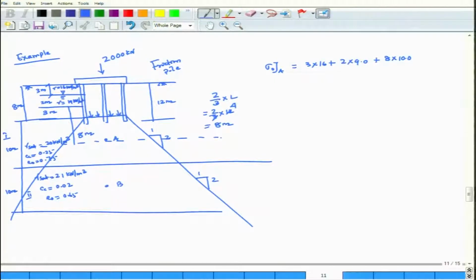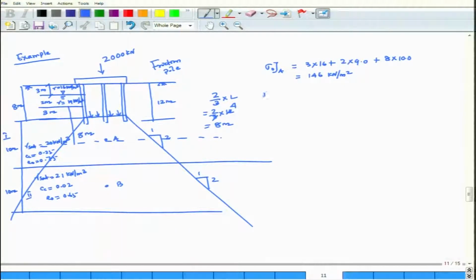So, 8 into gamma saturated, given as 20, 20 minus 10, that is gamma submerged 10, which comes out to be 146 kilonewton per meter square.